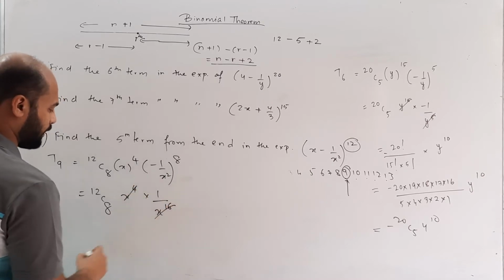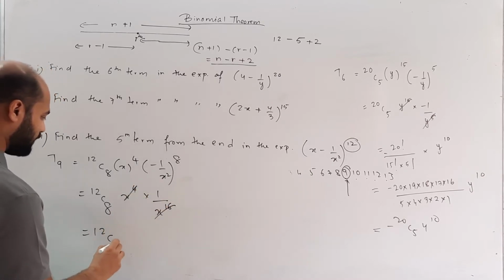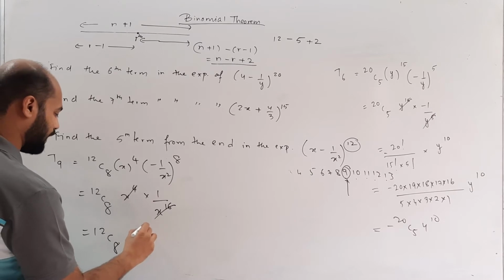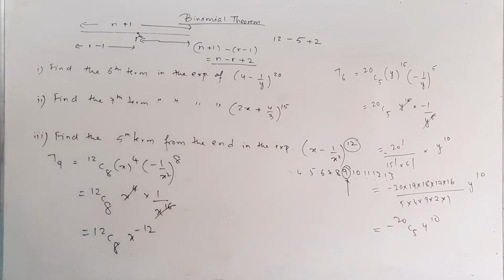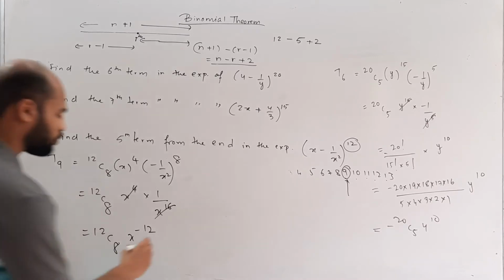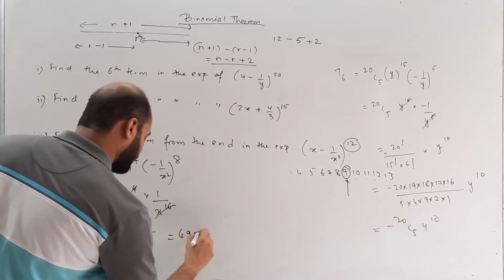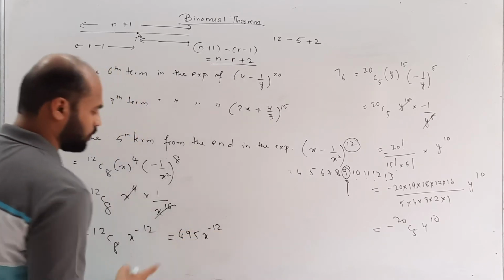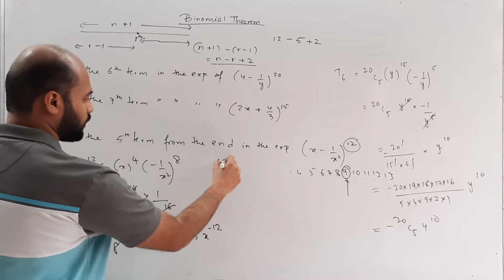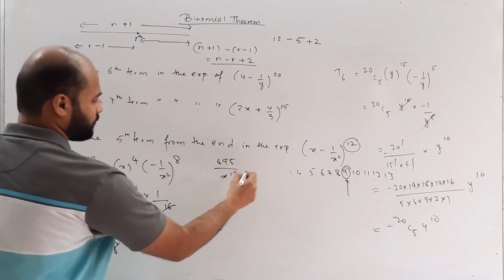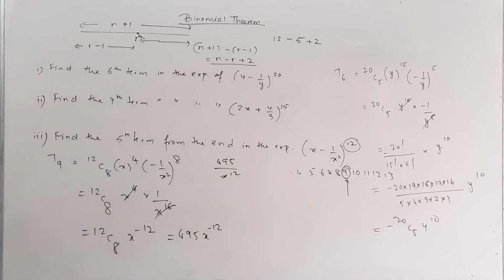So this goes, and what we get is finally 12c8 x raised to minus 12. That is the answer of this question. So overall this is going to come out as 495 x raised to minus 12, or you can also write it as 495 by x raised to 12. Either way it is right.